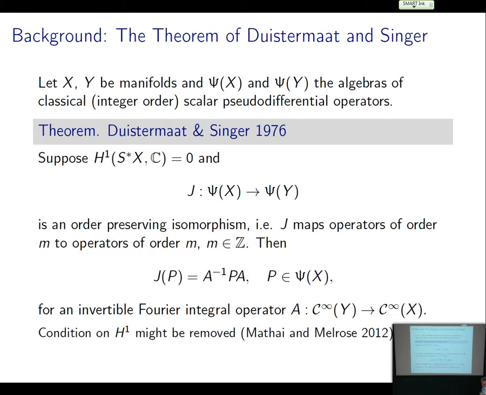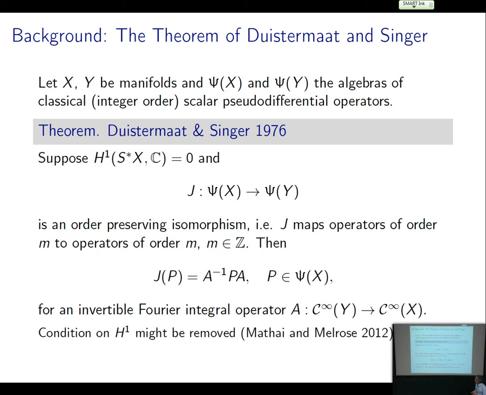Okay, then let me speak a little bit about the theorem of Atiyah and Singer. Again, we have manifolds. They don't even need to be compact in their case. And you look at the algebras of scalar-valued classical pseudo-differential operators. What they showed in 1976 was the following.